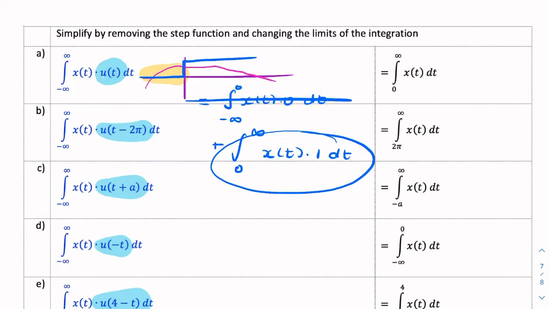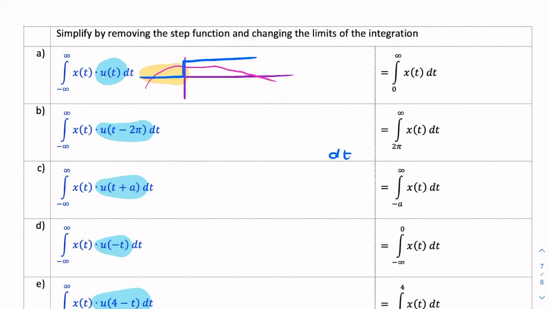So multiplication by a unit step has had the effect of replacing this limit with this. We don't know the answer because we don't know what x of t is, but we've simplified the integration by removing u of t.